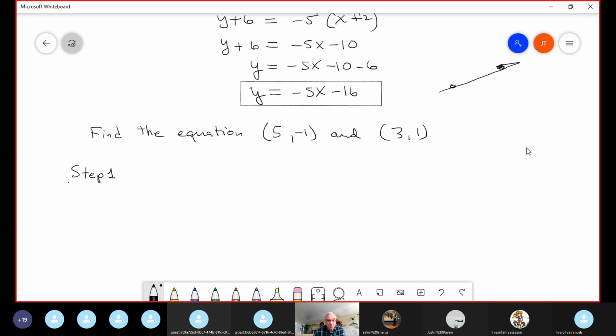Okay, as we practiced before, compute the slope. Remember the formula for the slope is y2 minus y1 over x2 minus x1. This is x1, y1. This is x2, y2. Y2 is 1.